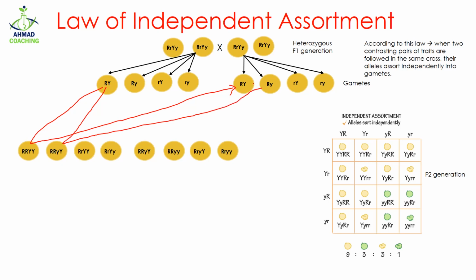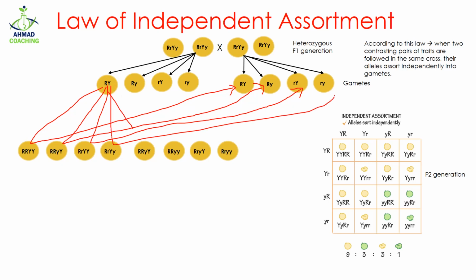So we have the capital R, small y and capital Y. This can also fuse with the third one like this, and we will have capital R, capital Y, and small r and capital Y. So this way they can also fuse with each other.